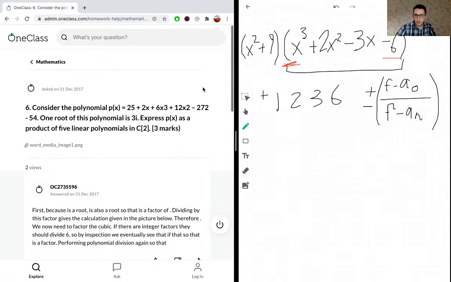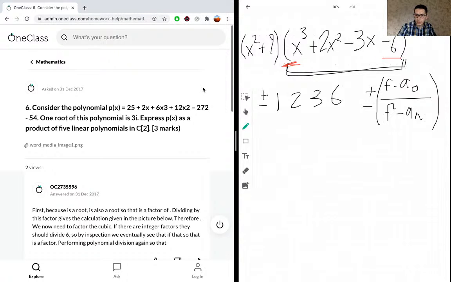To find a root of this function, we're going to substitute one at a time. So we'll substitute 1, -1, +2, -2, +3, -3, +6, -6. And then whichever one gives us this function equivalent to 0.